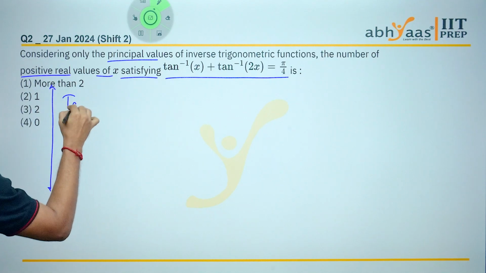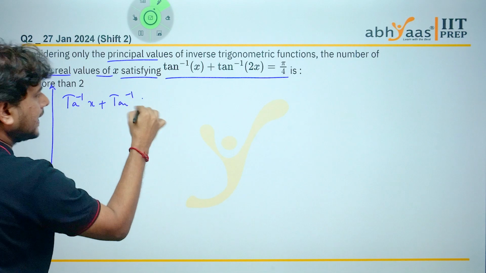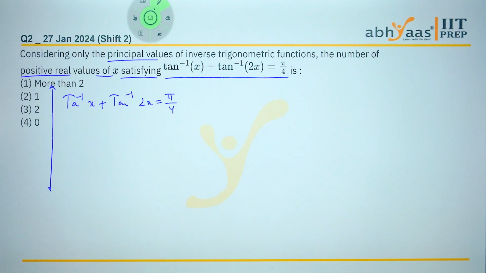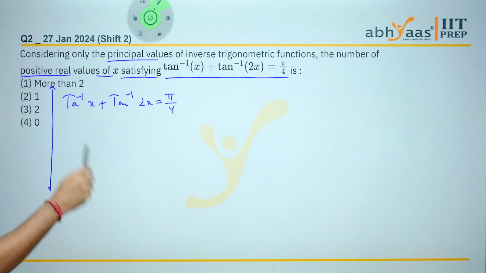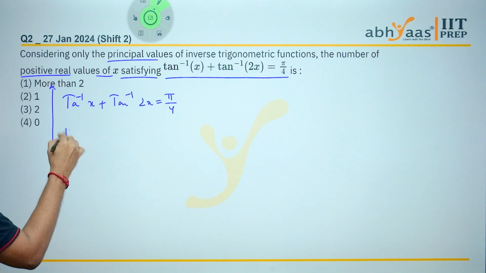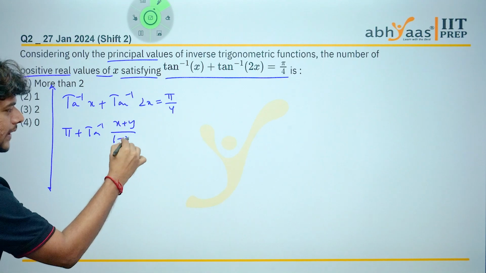So let's solve the equation. Tan inverse x plus tan inverse 2x equals pi by 4. We have a formula for tan inverse x plus tan inverse y, which is tan inverse of (x plus y) by (1 minus xy). But we also have another formula, that is pi plus tan inverse of (x plus y) by (1 minus xy).